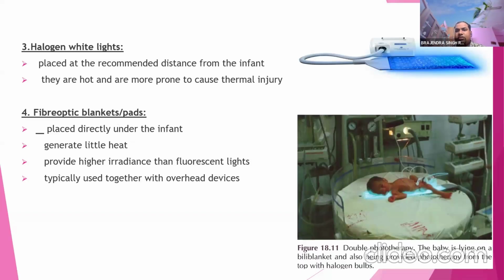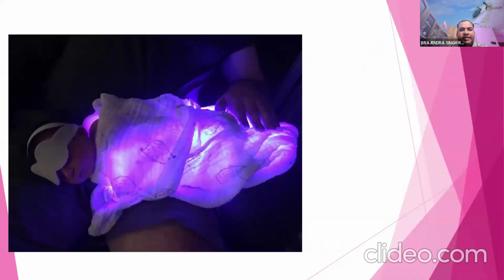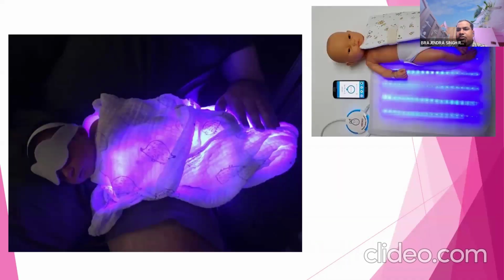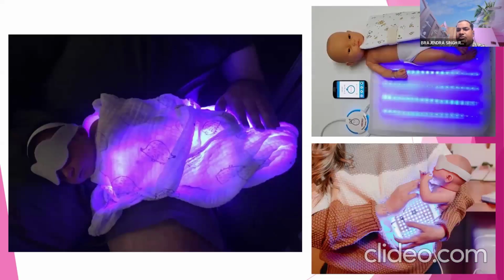So in this case, a distance of 35 centimeters does not matter. This is the BiliBlanket, this is also a BiliBlanket, this is also phototherapy. Phototherapy can be given in the mother's lap with the help of a BiliBlanket, so the baby is more comfortable and phototherapy is going on.